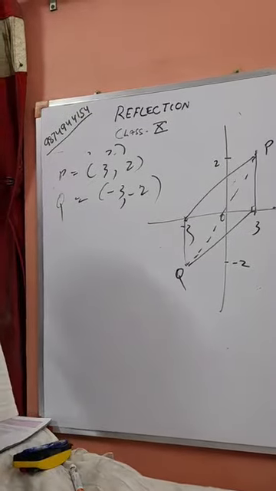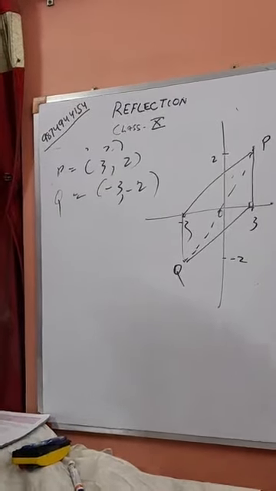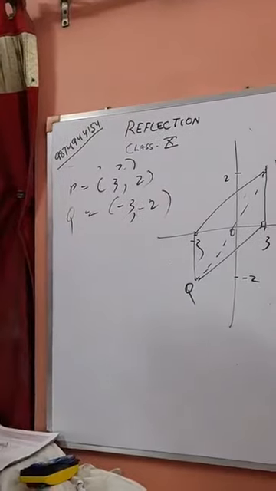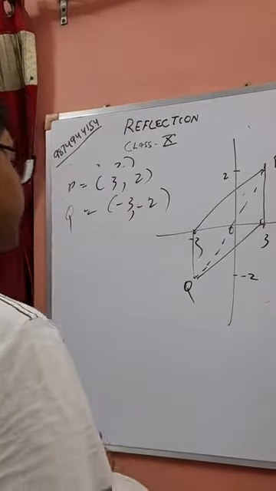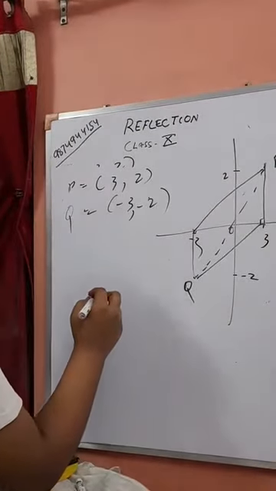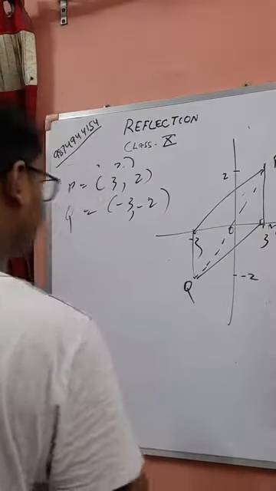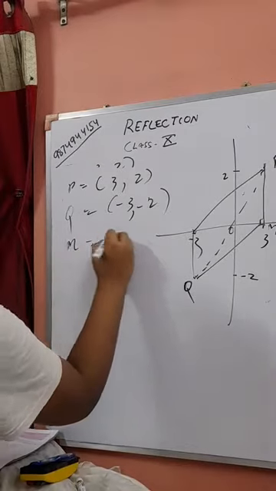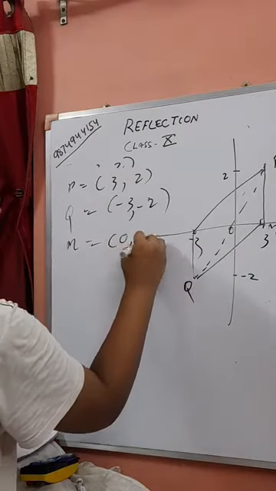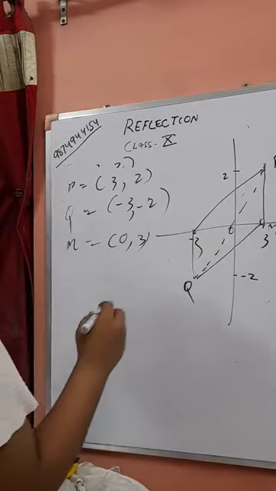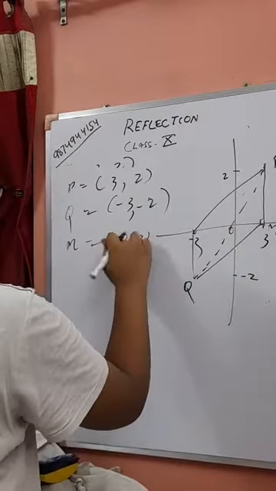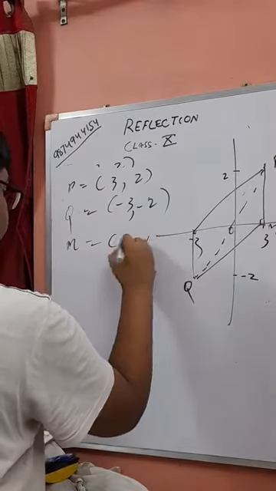Now we write the coordinates of the point to which M is mapped in the reflection. M was in PM and QN. Means M is this point, M is equal to 0, 3. No, sorry. M is equal to 3, 0.